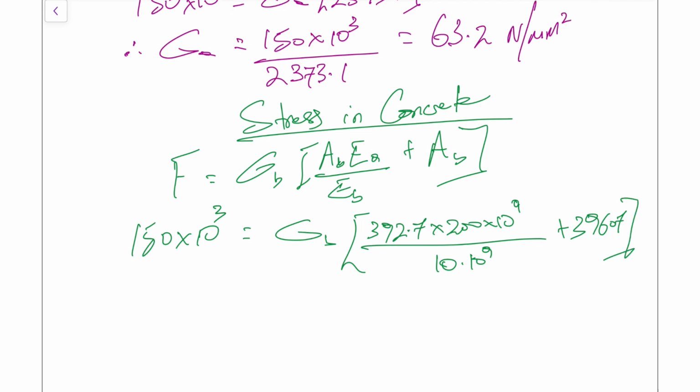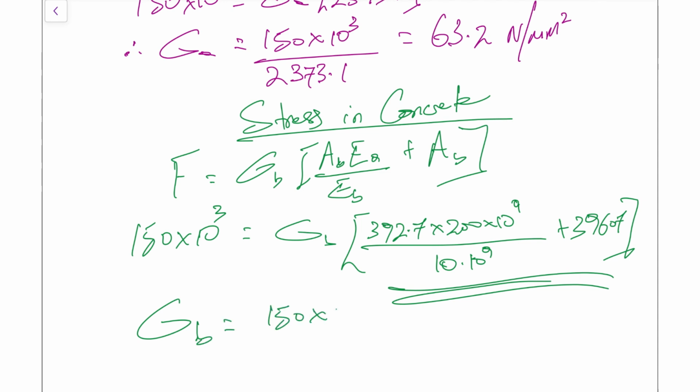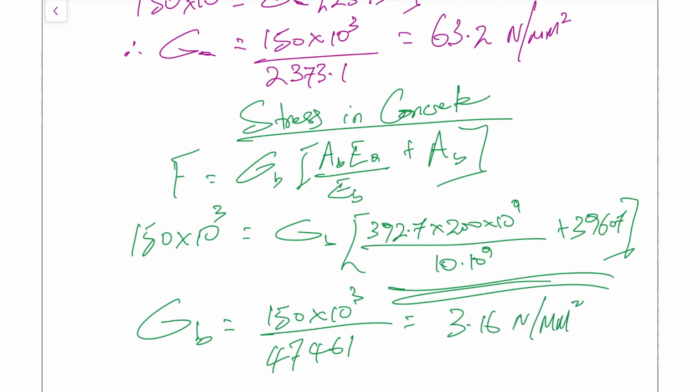So just like before, we just need to simplify this side, and when we do that, we get what stress B is, which is going to be equal to 150 times 10 to the power of 3, all divided by the total that we got for that side, which is 47,461, and that equals 3.16 newtons per millimeter squared. So that gives us the stress in material A, the stress in material B.